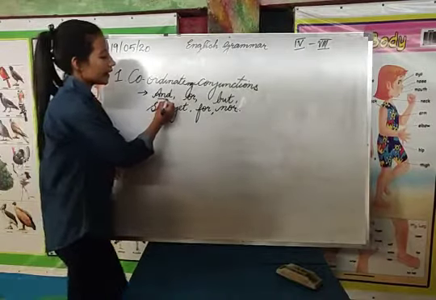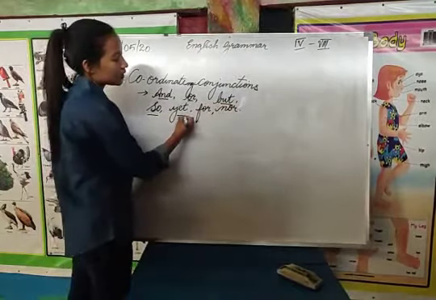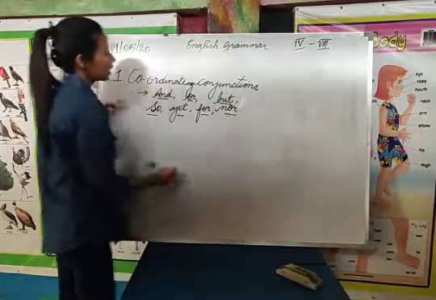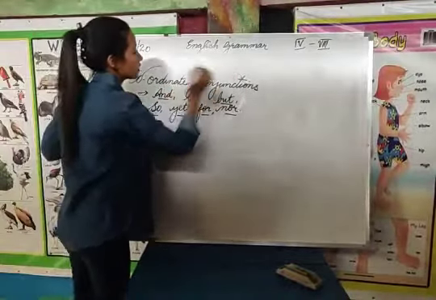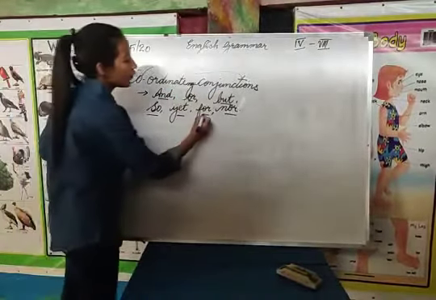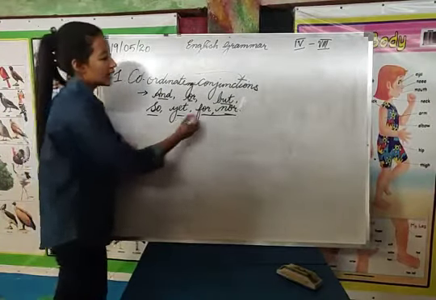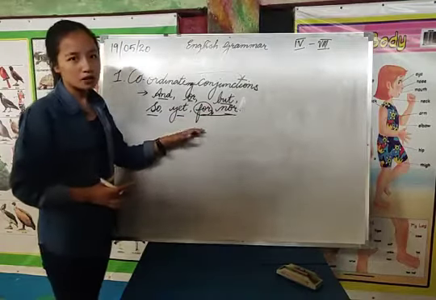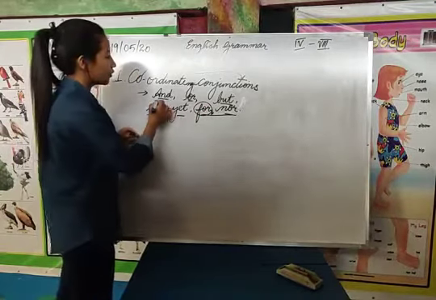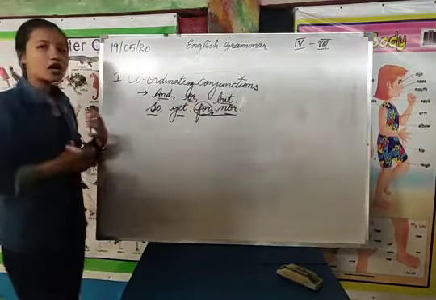Words like and, or, but, so, yet, for, nor are some common examples of coordinating conjunctions. But here, for and nor are not commonly used. The conjunction for is mostly used as a preposition, not a conjunction. And the remaining five, and, or, but, so, yet, are commonly used.